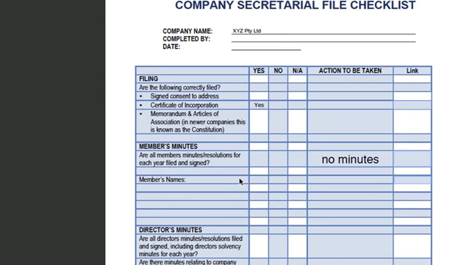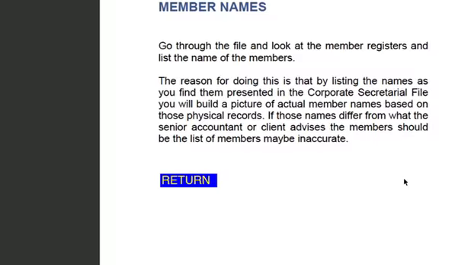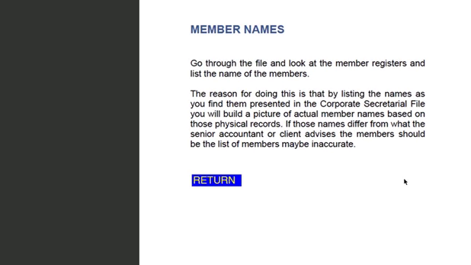Another one is member names. In the member names area, this can be a useful check, and again, this is a function of how you perceive this information to be relevant.